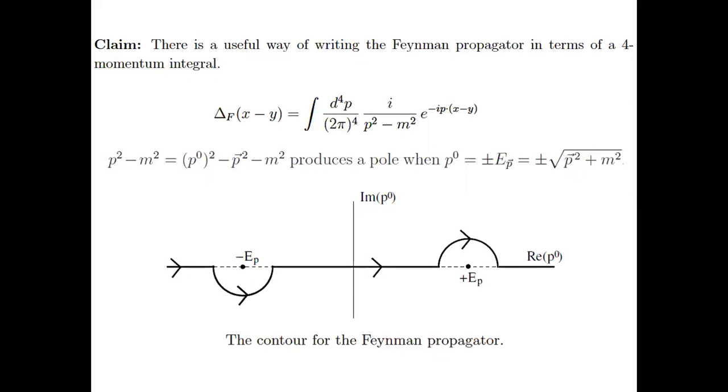Now to do a contour integral, for the Feynman propagator we have to choose a contour, or we can simply use the i epsilon prescription. To calculate the Feynman propagator, we have to choose the contour in a specific fashion. We take this contour coming from negative infinity, and we go above the plus E_p, and then we go to plus infinity, and then we have to close the contour in some way.